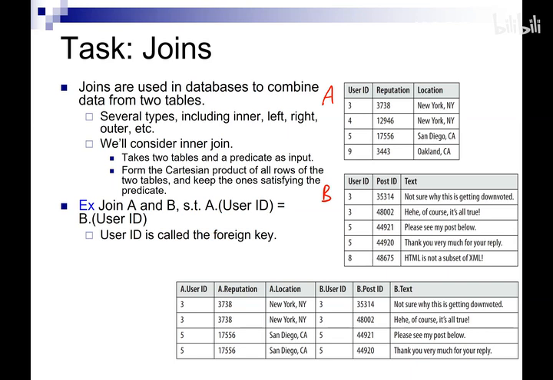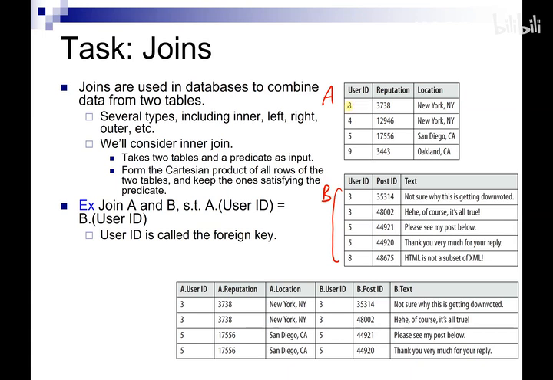What it means to join A and B using this predicate is that we're first of all going to form the Cartesian product of A and B. To do that, we're going to go through each row of A and combine it with all possible rows of B.